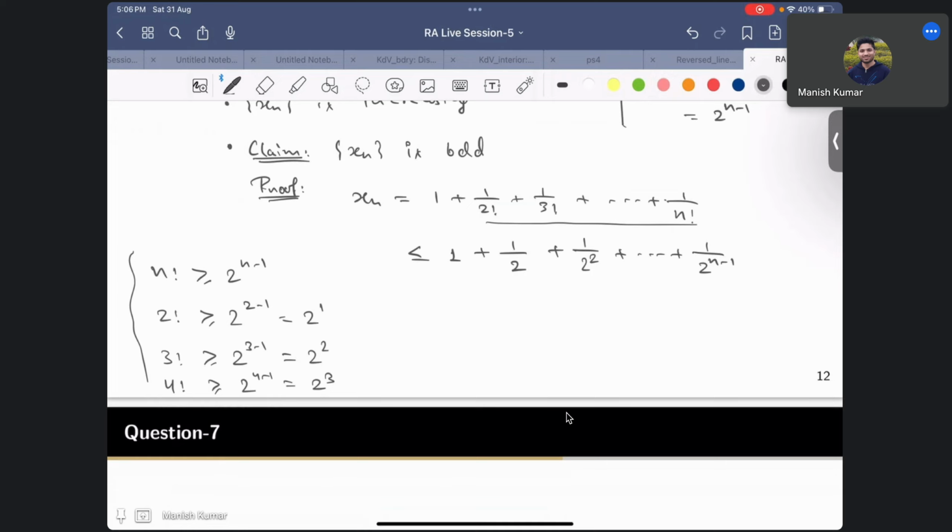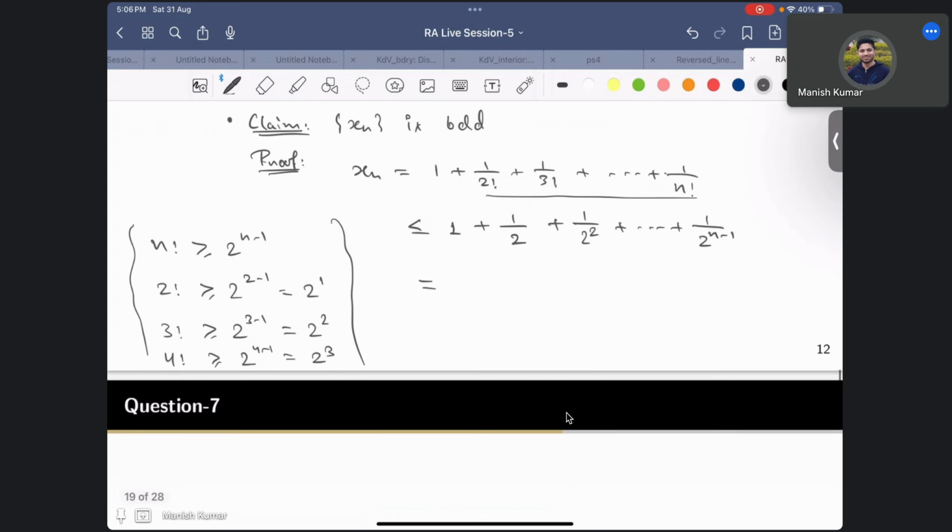Now this is nothing but a geometric series, or geometric progression, right? So we know how to evaluate this sum. You can write it in terms of a geometric series: 1 by 2 raised to the power k, where k is varying from 0 to n minus 1, right?